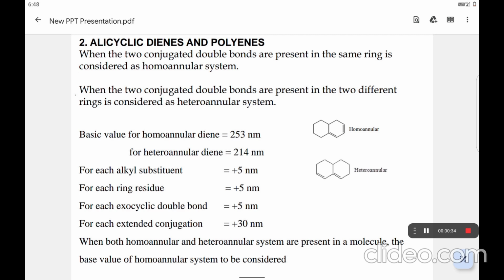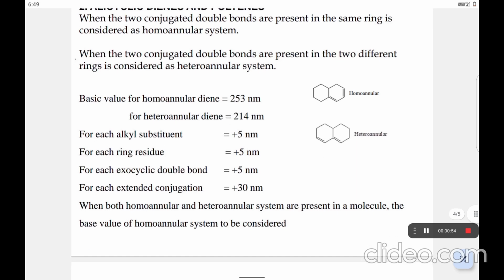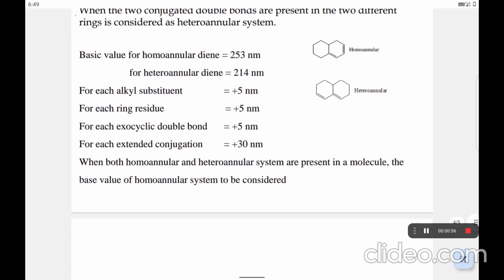And if the 1,3-butadiene structure is present in two rings, each ring having one double bond, we call the situation heteroannular. Or shortly, if the two double bonds are present in the same ring, we call it homoannular. To this we add 253 nanometer. If the heteroannular condition is there, we add 214 nanometer. The rest of the rules are the same as those of the conjugated dienes.